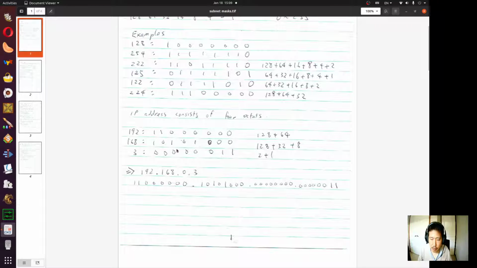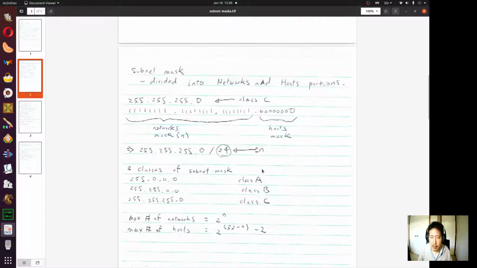So if you align them, on 192 is this one, 168, and others are 0. The last one is 3. So that's how you represent IP address in terms of octets.